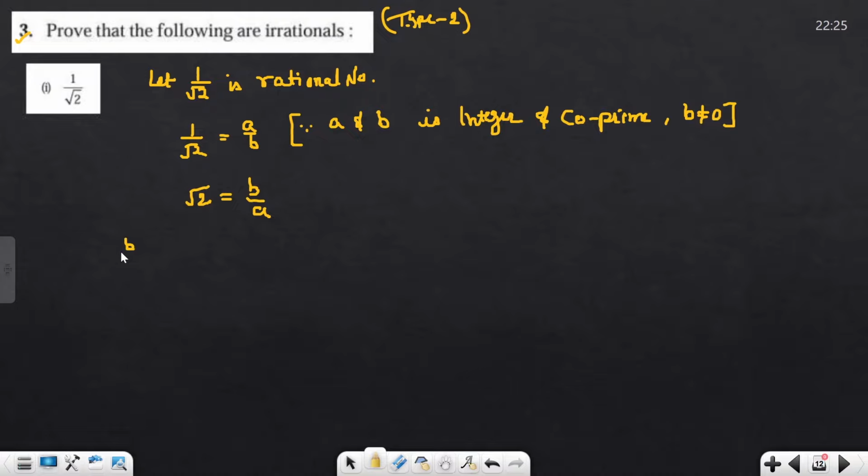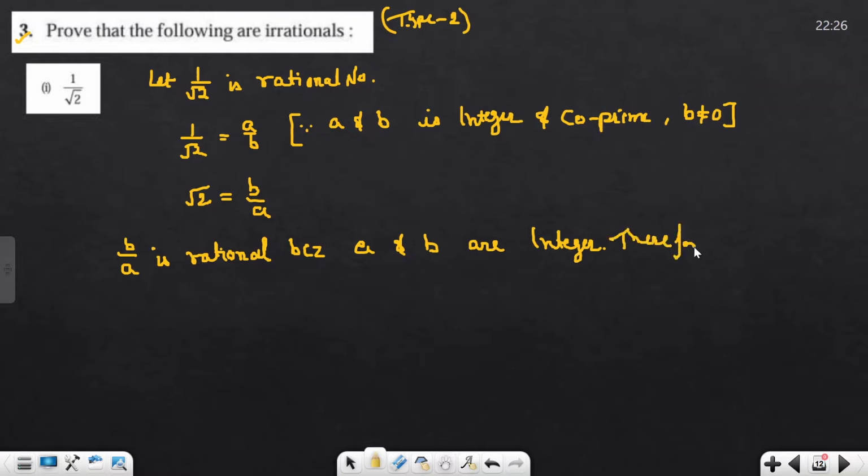We can write that b by a is rational, because a and b are integers. You can write in your own words also. Therefore root 2 is rational.